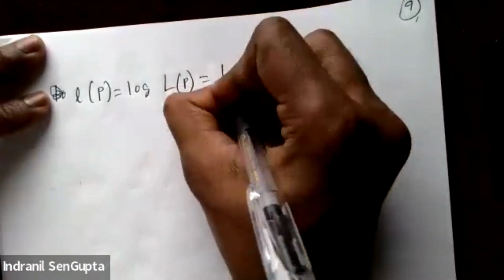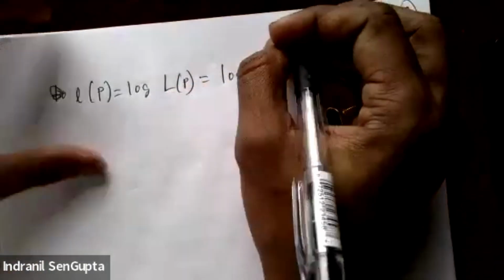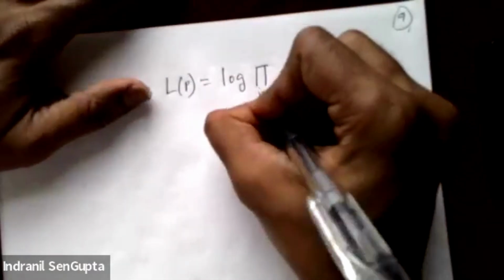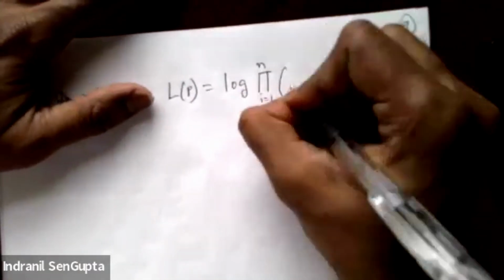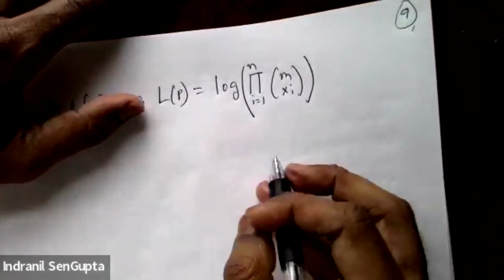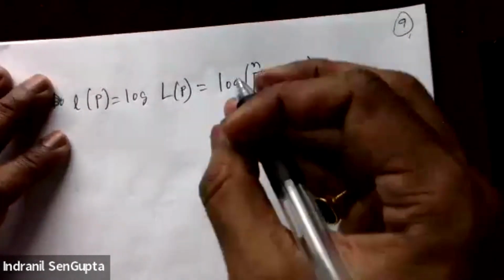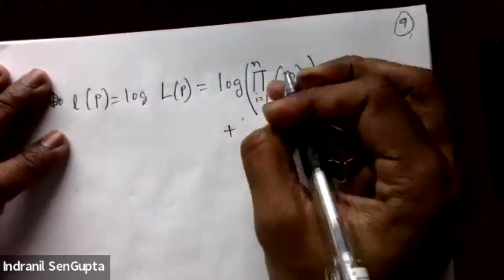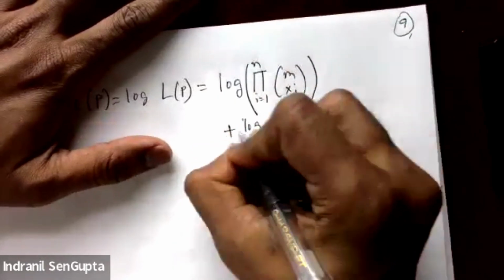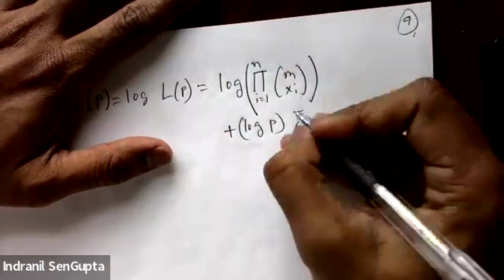So it's a log of, let's see, the first term, product of I from 1 to n, m choose xi. And then I can write plus the second term, which is log of P summation xi.